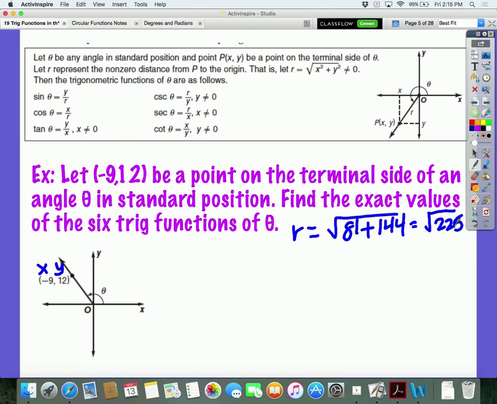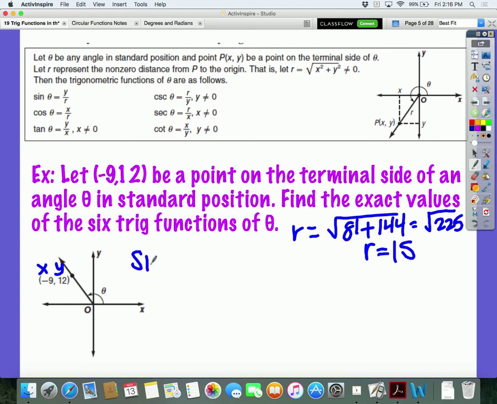Now, 225 is a perfect square that you do not need your calculator to figure out. What is the square root of 225? It is 15. 625 would be 25. Oh, okay. Sorry.